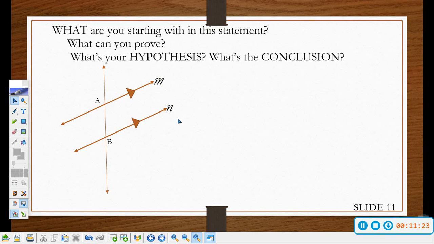So what are you starting with? And then what do you think your conclusion could be about angles A and B? You're going to be writing either the conditional or the converse that you did for slides 5 and 6. So you can look back on the first page of your guided notes to help you.